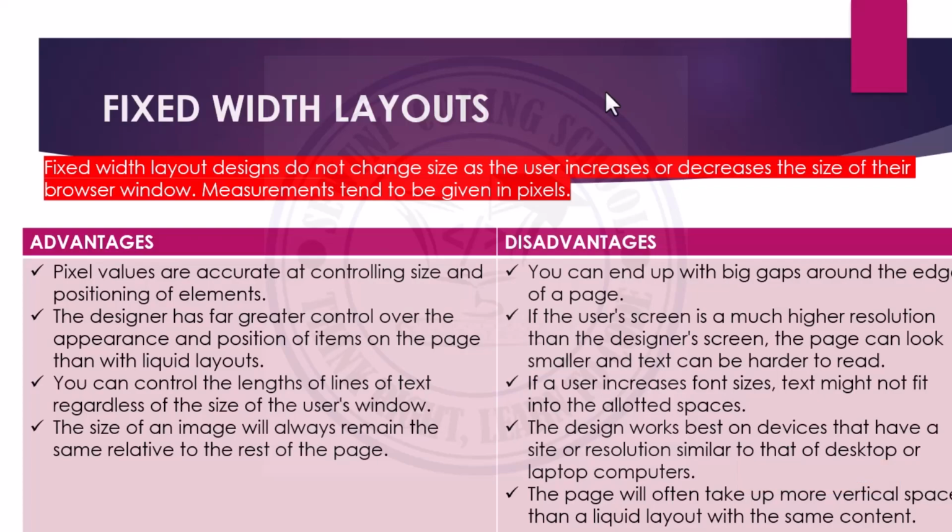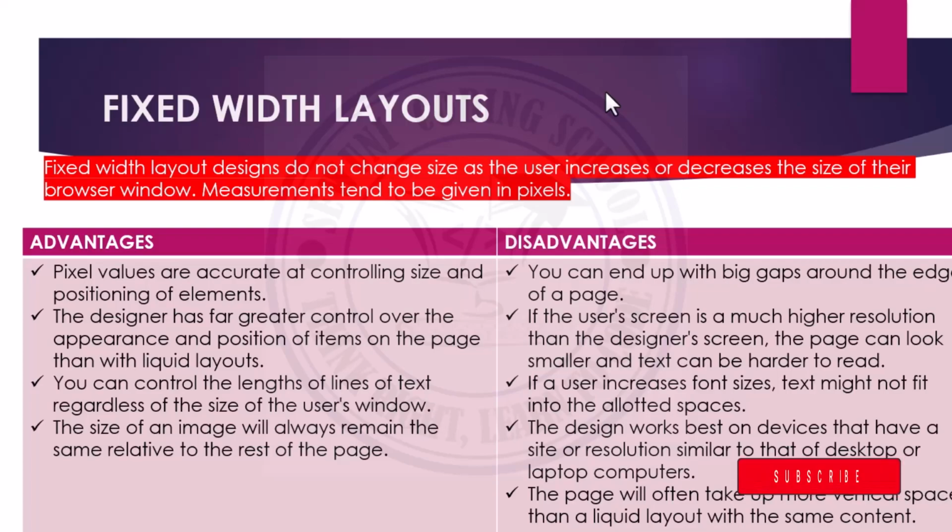The advantages: 1. Pixel values are accurate at controlling size and positioning of elements. The designer also has far greater control over the appearance and position of items on the page than with liquid layout. We will come to liquid layout later.